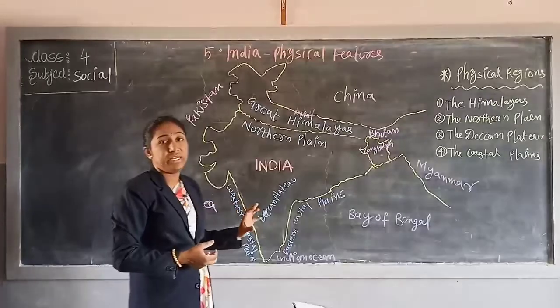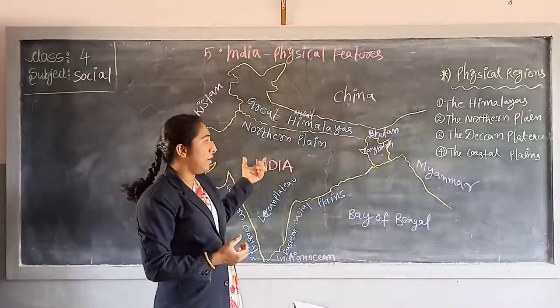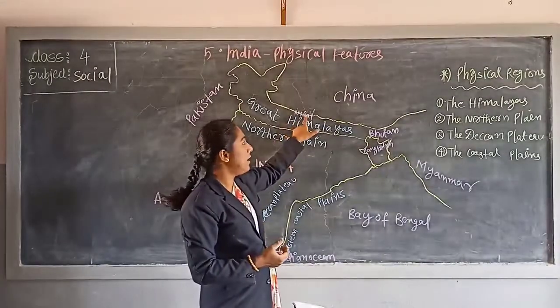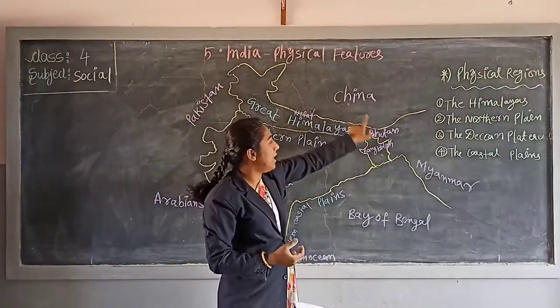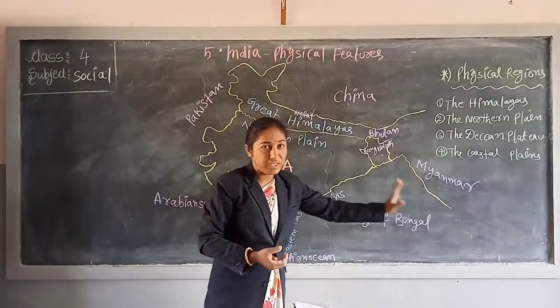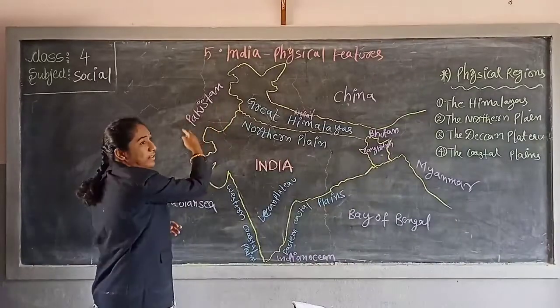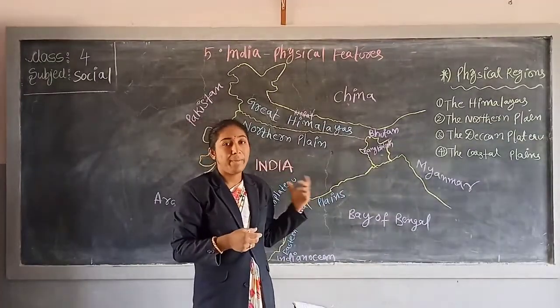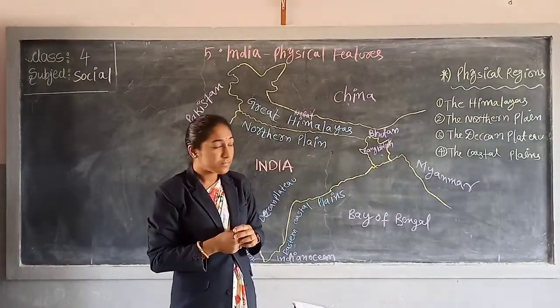These are the neighboring countries of India. Once more: Nepal, China, Bhutan in the north, Bangladesh, Myanmar in the east, and Pakistan in the northwest.